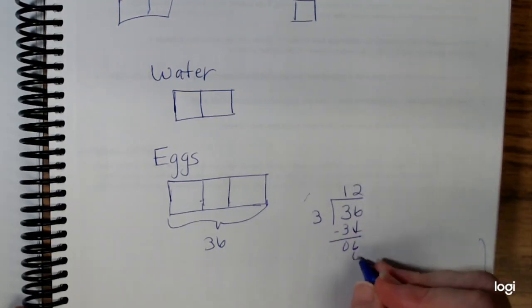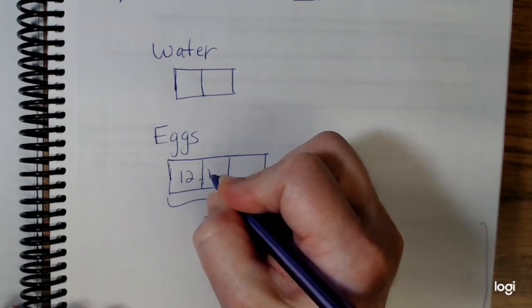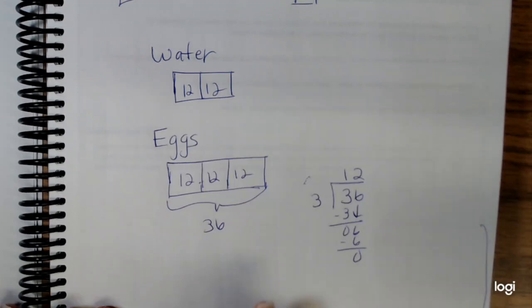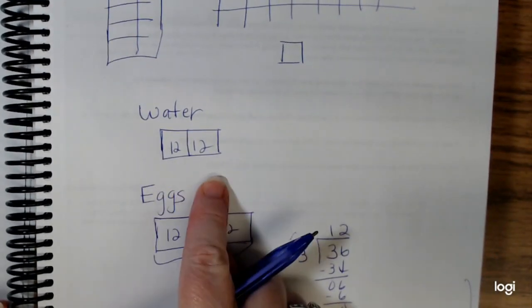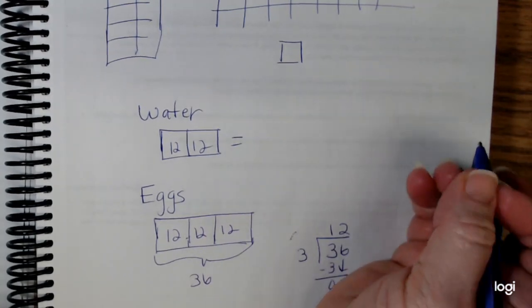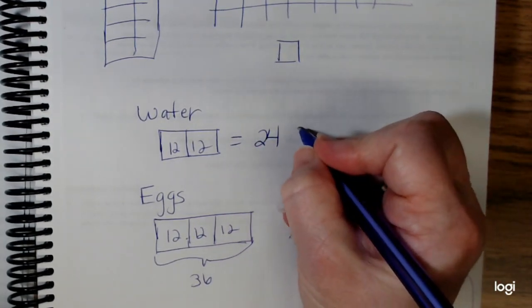Most of us know the answer is 12. So that means I put 12 in all of my boxes. Once I do that, now we can solve how much water we needed. We needed a total of 24 tablespoons.